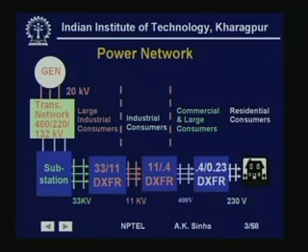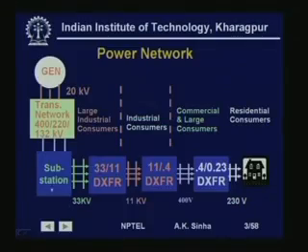So, we need again a transformer to step down the voltage from the transmission level to the sub-transmission level, and so we use these step down transformers here at the substation to step down the voltage to maybe 33 kV.